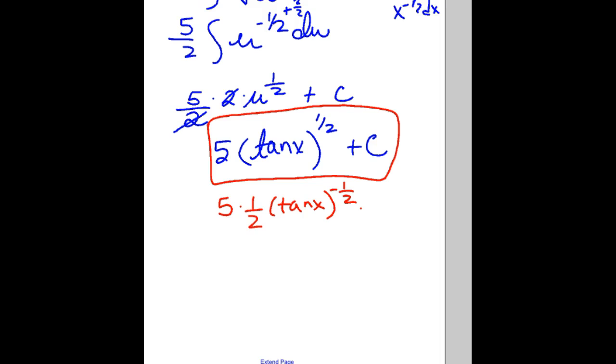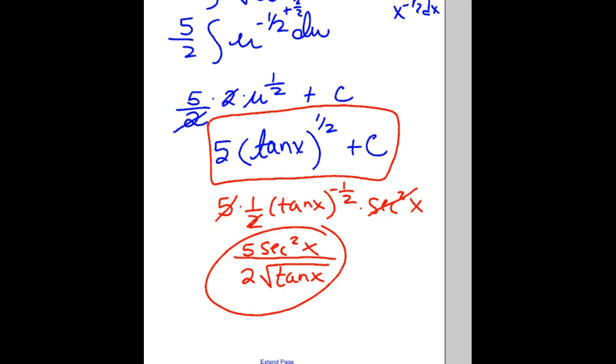I'd multiply it by the derivative of the guts, which is secant squared x. The derivative of C is 0. What does that give me? On the top, I'd have the 5 and the secant squared x. On the bottom, I'd have the 2 and a root tan x. Notice that that's the original integrand.